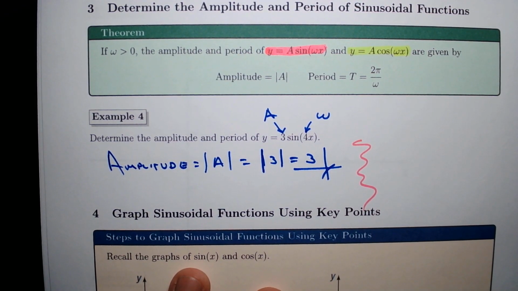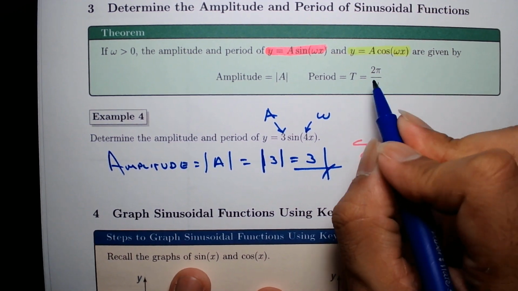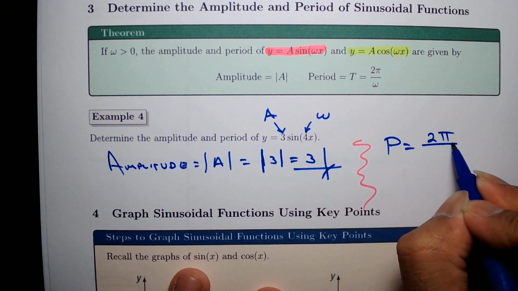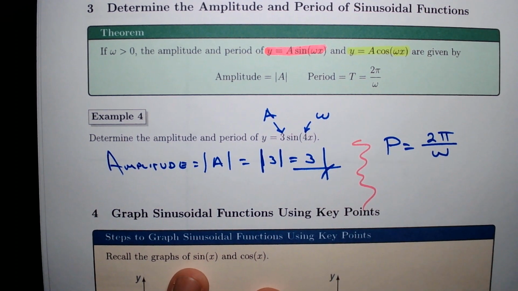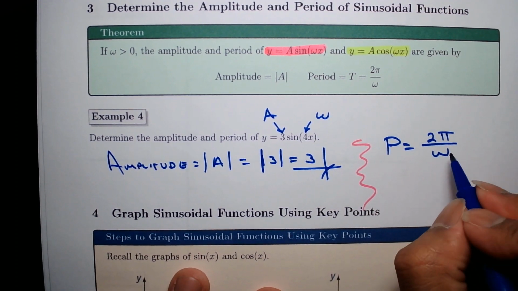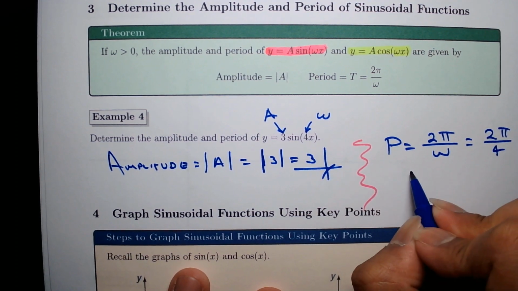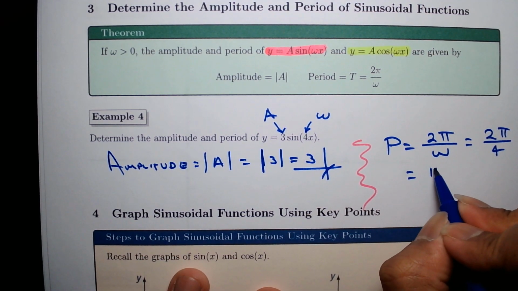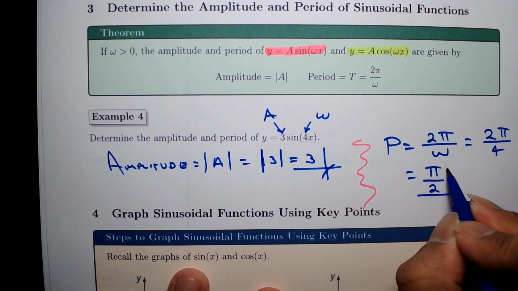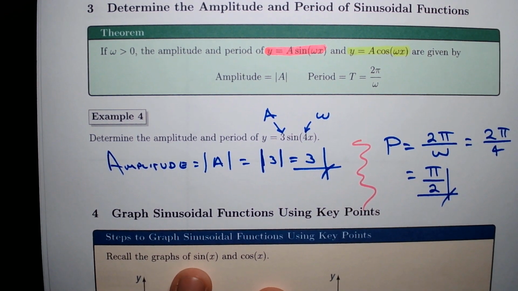For the period, which is 2 pi divided by omega, the number that multiplies the x, that's going to be 2 pi over 4, which reduces to pi over 2. All right, what does that mean?